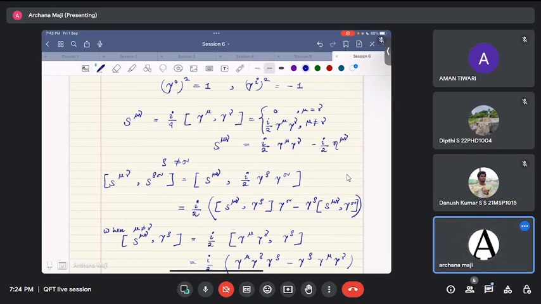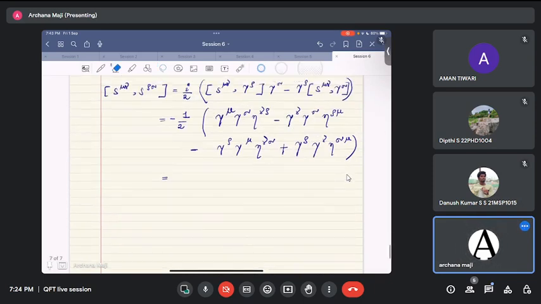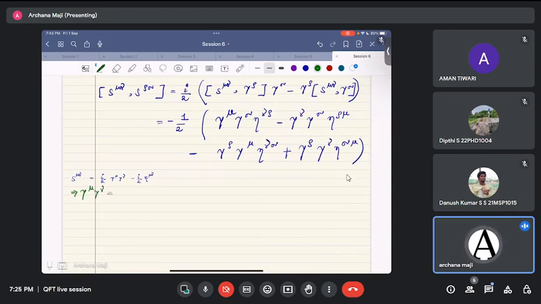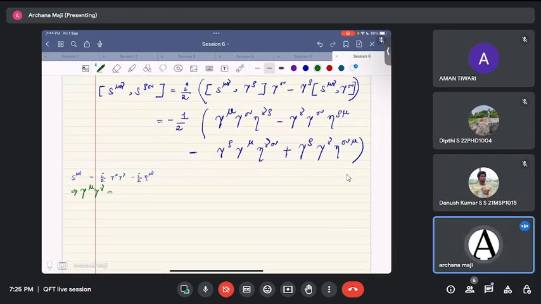So from here we can see that gamma mu gamma nu is equal to, I is becoming confusing to me, so i times gamma mu gamma nu is equal to 2 S mu nu plus i eta mu nu.